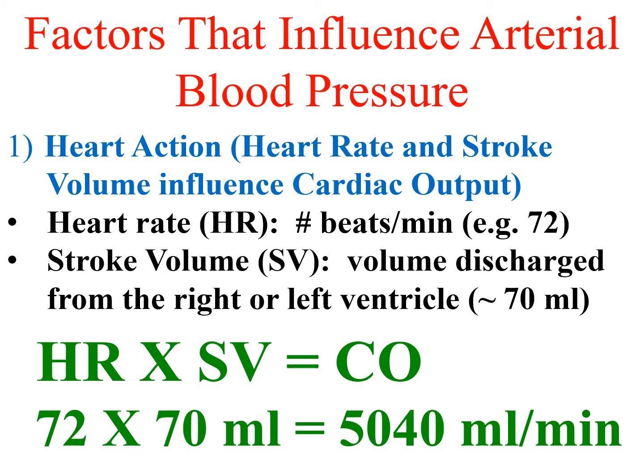So 5,040 mils is 5.04 liters. Remember, there's 1,000 milliliters in a liter. That number, 5 liters, may sound familiar because that's approximately how much blood you have in your body. So in essence, every minute, given those numbers, your heart is basically recirculating your entire blood volume. That's kind of interesting.